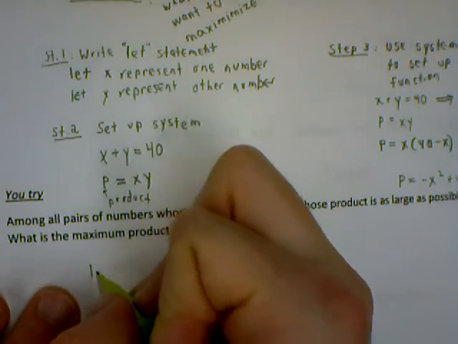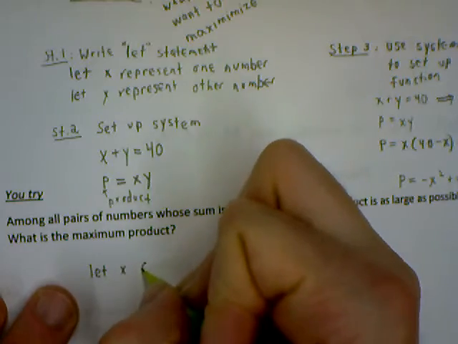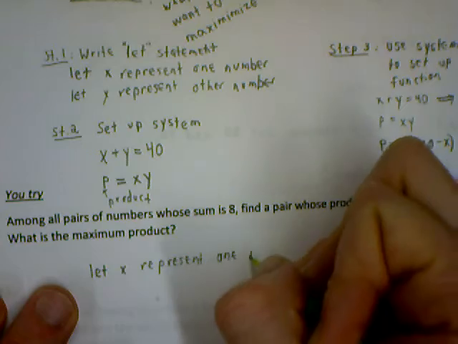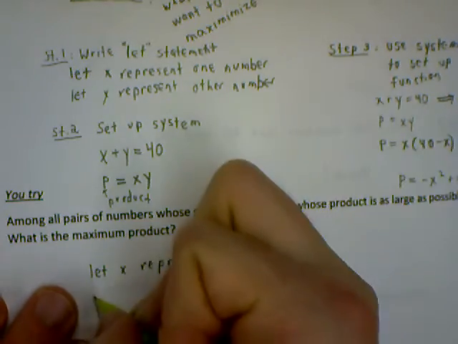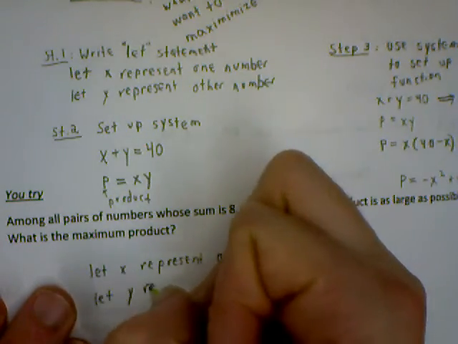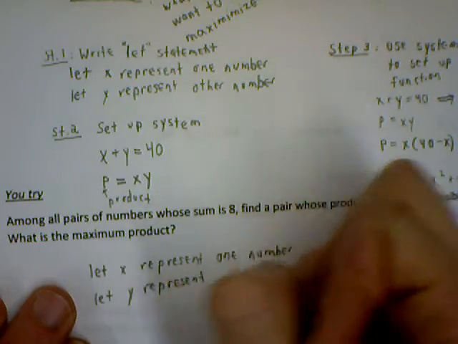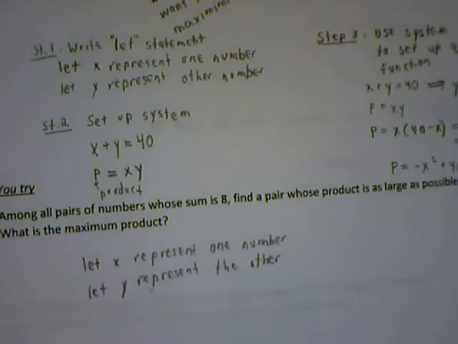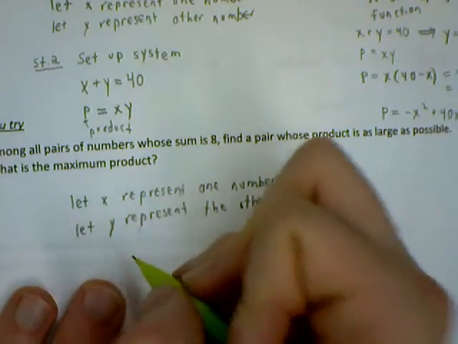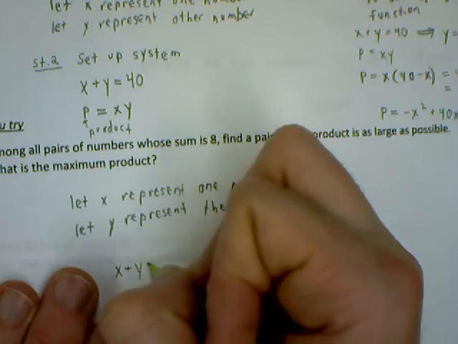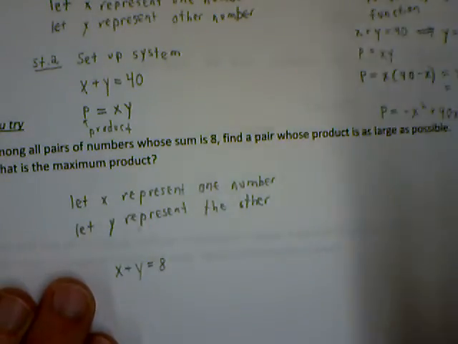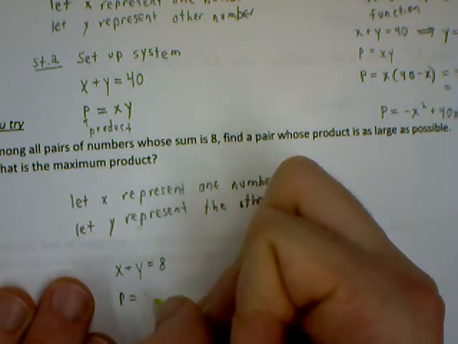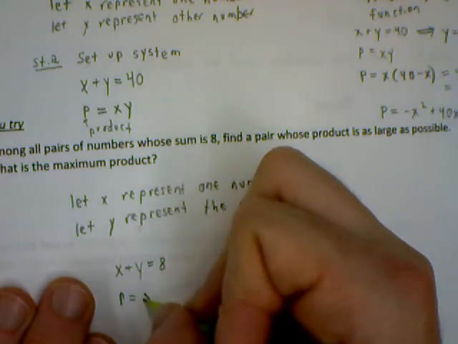So step 1, we'll let x represent one number. Let y represent the other. Now I know their sum, x plus y, is 8. Their product of the two numbers would be x times y.